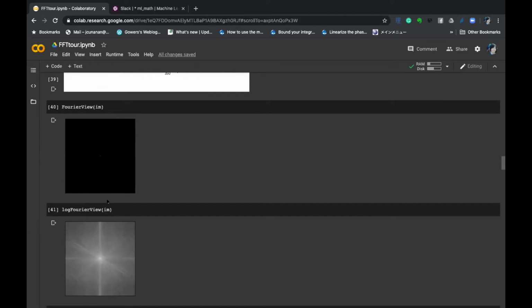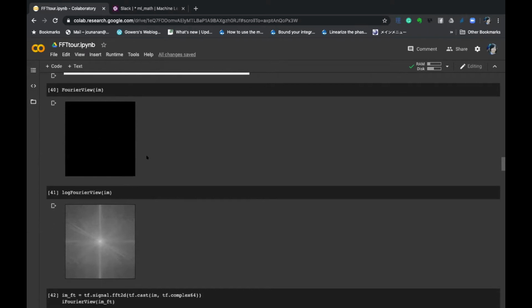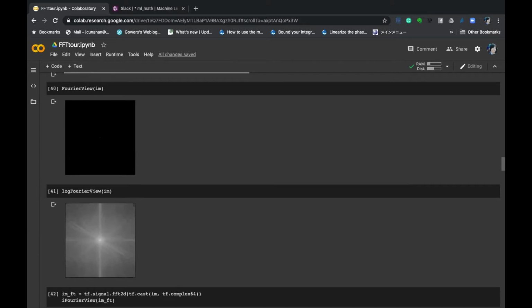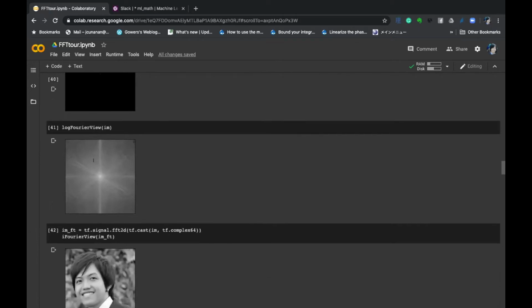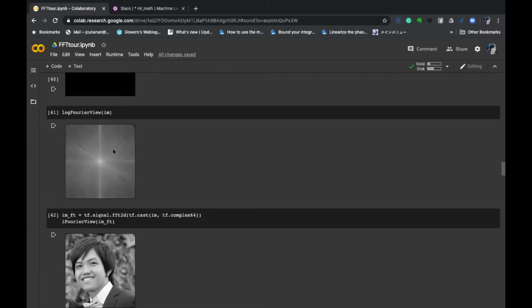The reason for that is the range of the values of those complex numbers would be so huge that it cannot be fit into a 0 to 255 scale. You cannot see them properly there. If you take a log, you can see better, but with added noise.